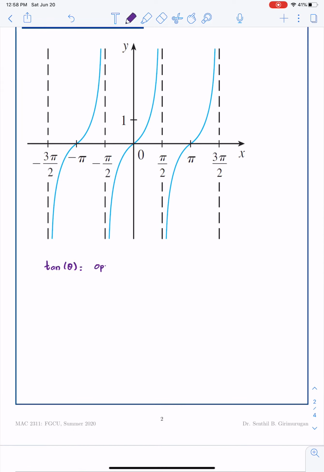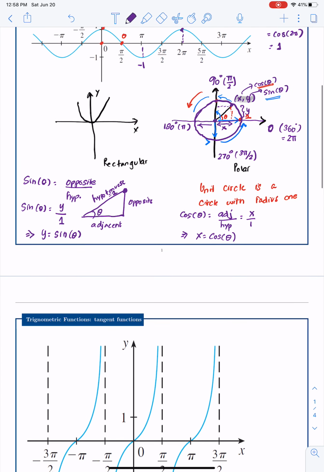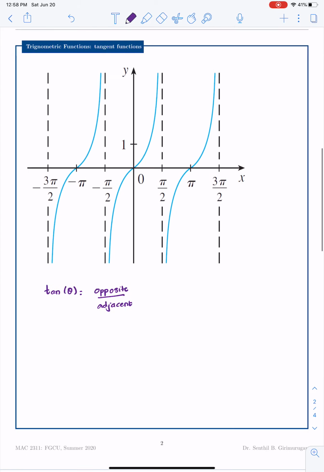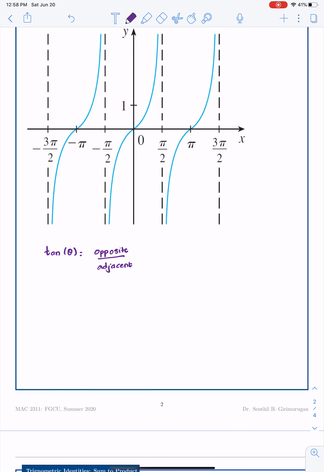So opposite divided by adjacent, which in my diagram over here, I call that length x and y. So pretty much tangent of theta would be equal to the value x divided by y.